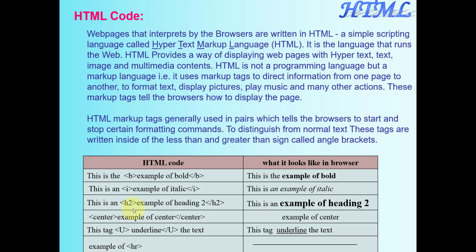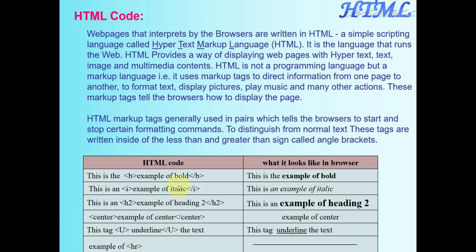The next tag is the heading tag. This is a heading tag, the H2 tag. And if we write any text within the heading tag, what happens? We wrote it like this: this is an H2, example of heading 2. What happens? It will execute in the browser like this. This is an example of a heading tag.